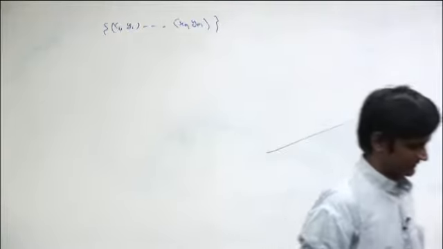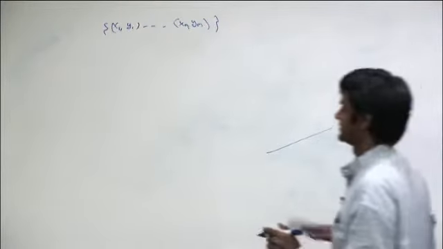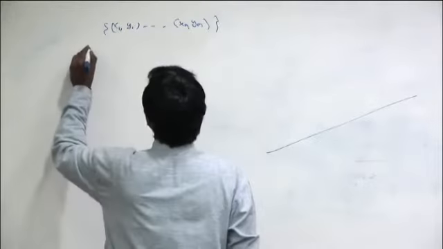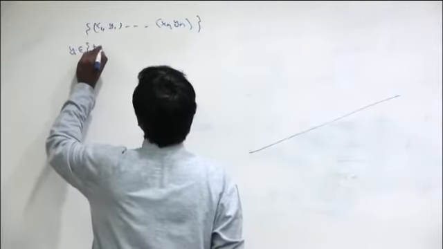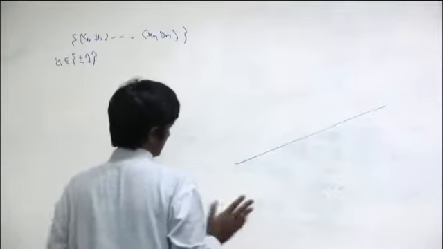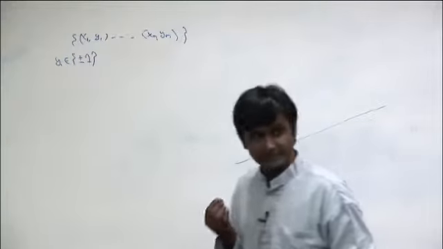You're given labeled data, and for the sake of simplicity, +1, -1 labeled. So I'm just going to assume for this discussion that yi equals +1 or -1, the same simple setting. And now we want to find a classifier. That's our goal, and we are interested in finding a linear classifier.